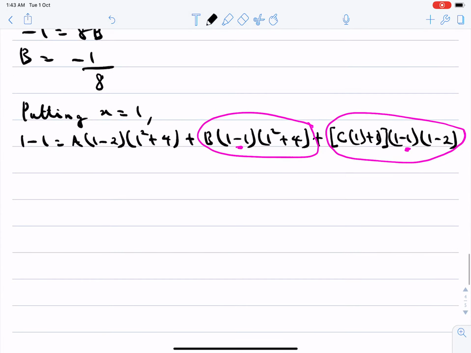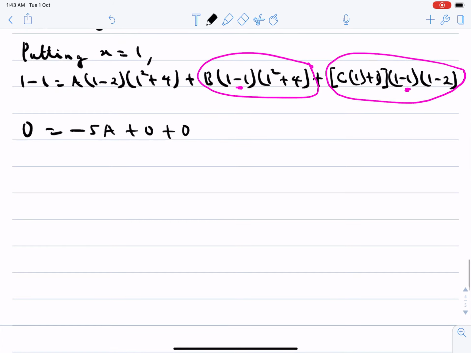So I will be left with 1 minus 1, that's 0, equals 1 minus 2 is minus 1. 1 squared is 1 plus 4, 5. 5 times minus 1, minus 5 times a. 0 equals minus 5a plus 0 plus 0. And that means 0 equals minus 5a, which means a equals 0.